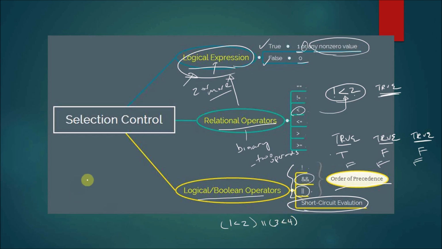In the OR table, true or true is true. True false is also true. False true is also true. False false would then be false. So here 1 is less than 2 would be true, or 3 is less than 4 is also true.